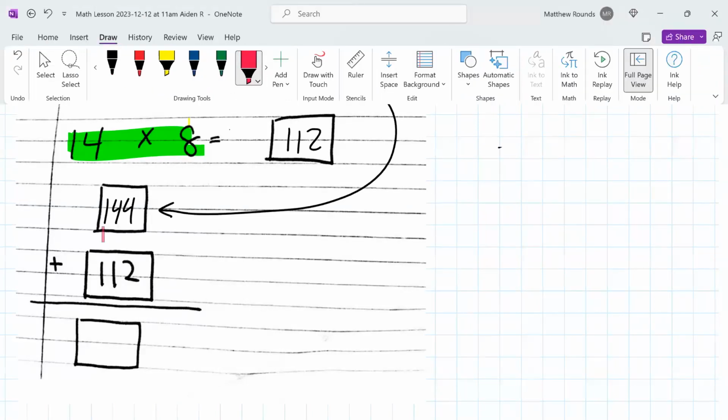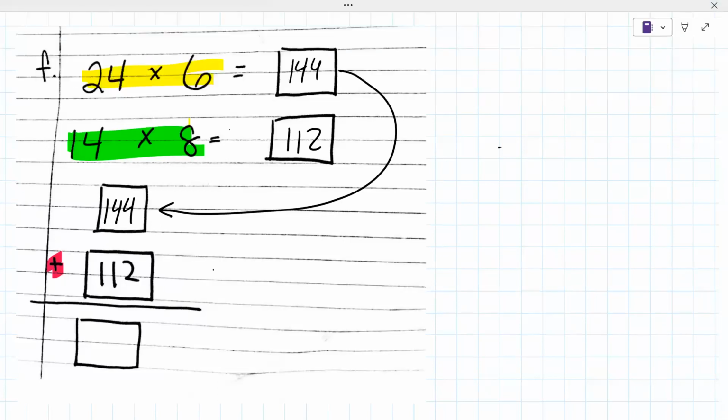You're going to add the numbers together, okay? 16,128.